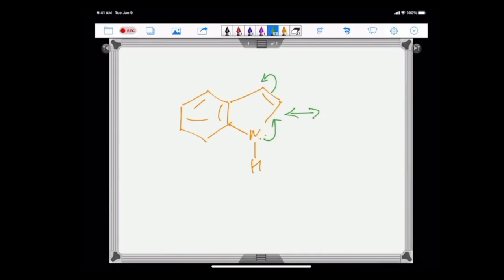I will create a resonance structure where I now have a double bond between nitrogen and carbon, and a lone pair on this center. As a result, positive charge, negative charge. So this lone pair right here, at some point, becomes part of a pi bond. Thus, it has to be reserved in a p orbital so I can make a pi bond.